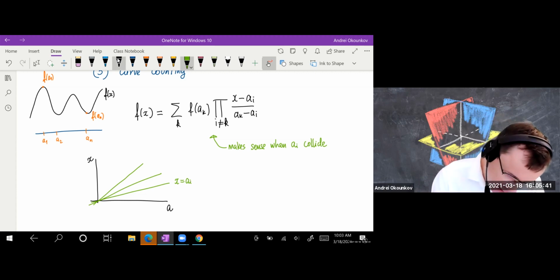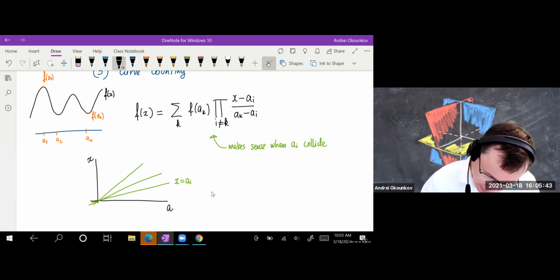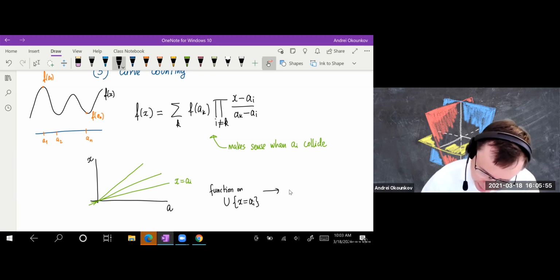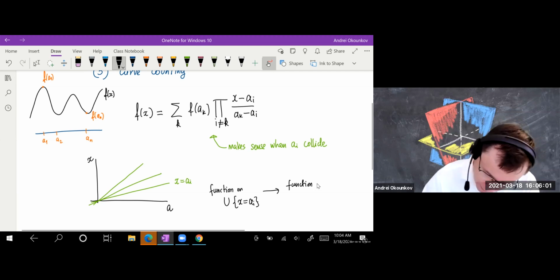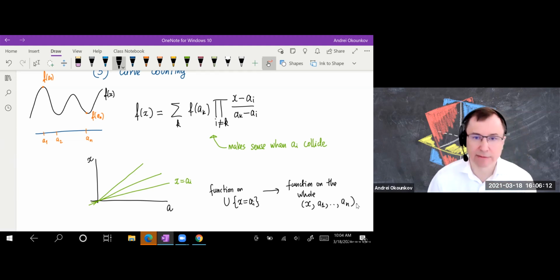And the question is extending: we take a function on this union where x equals ai, and we'd like the function on the whole space, with coordinates x, a1 through an. That's one thing.